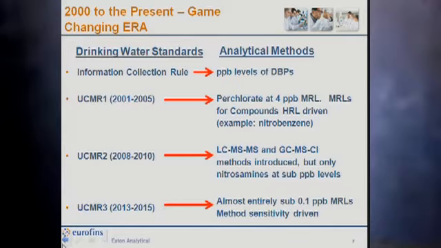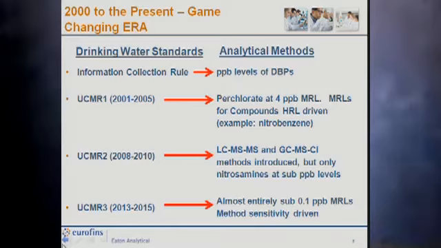But even with all the advances in analytical instrumentation in that era, so you clearly have LCMS methods and GCMS methods capable of going well below ppb levels, EPA restricted the reporting limits for these methods to basically ppb, and we'll see some of the impact of that in a minute.